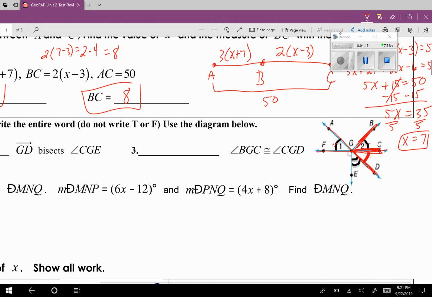So angle 1 is congruent to angle 2. And then angle 1 we know is congruent to angle CGD because they're vertical angles. So basically by the transitive property, we could say that angle 2, angle BGC, is congruent to angle CGD. So that's true.